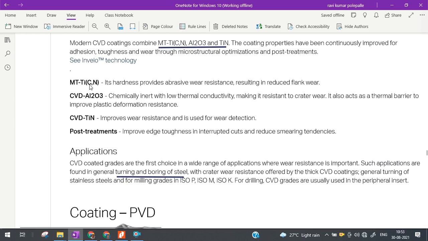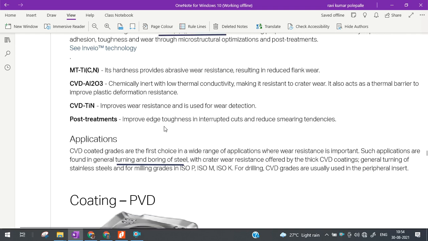The provision of this MT-TiCN improves the abrasion resistance and reduces flank wear. Provision of Al2O3 by the CVD process can provide a reduction in thermal conductivity, making it resistant to crater wear, and act as a thermal barrier so that plastic deformation is reduced. Again, TiN provision can increase the wear resistance.